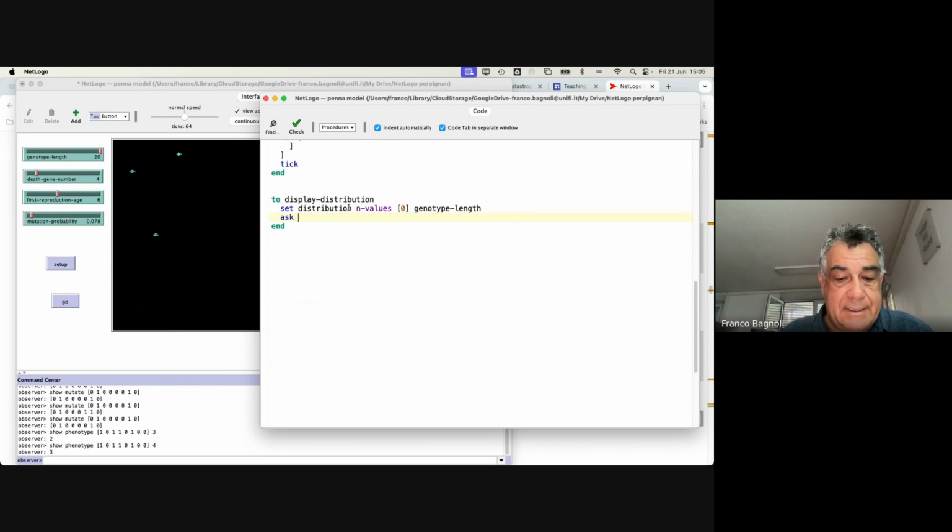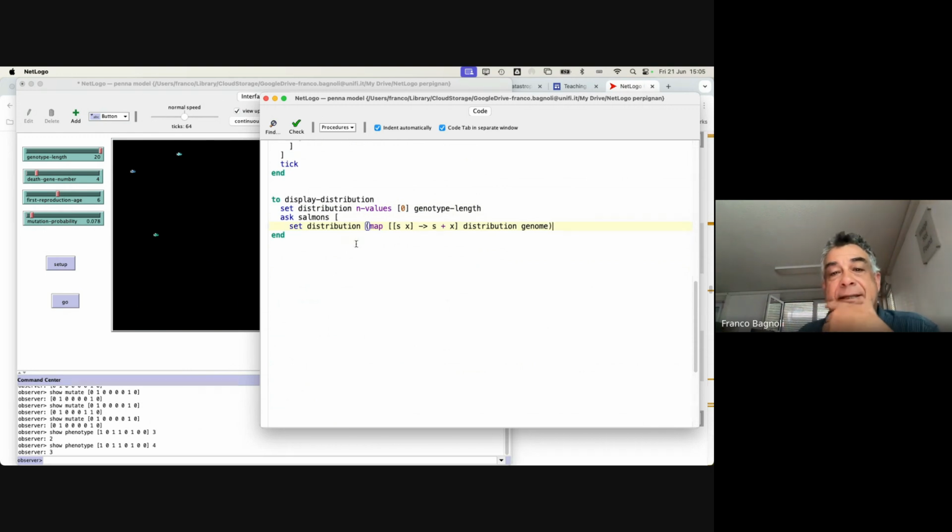Then I ask turtles to, for each, no, set, because I cannot alter a list, I have to set the distribution to map x, sum x, say, in S plus x, of distribution and genome.